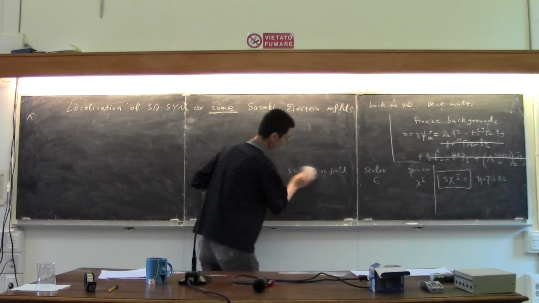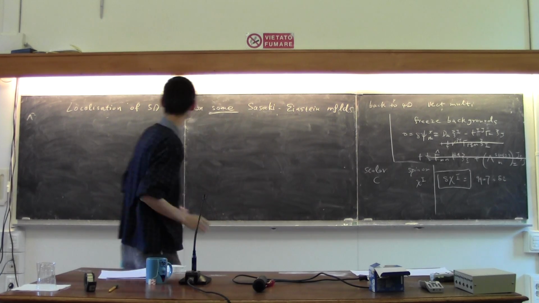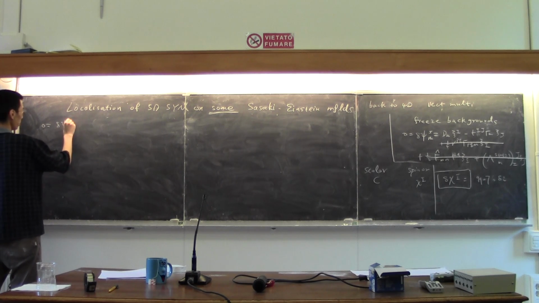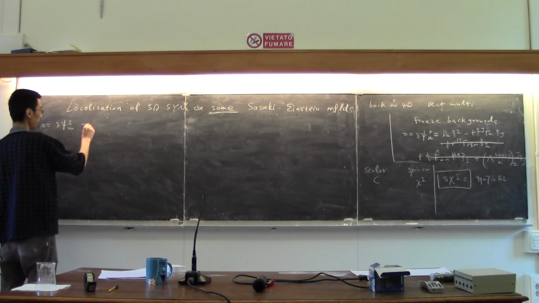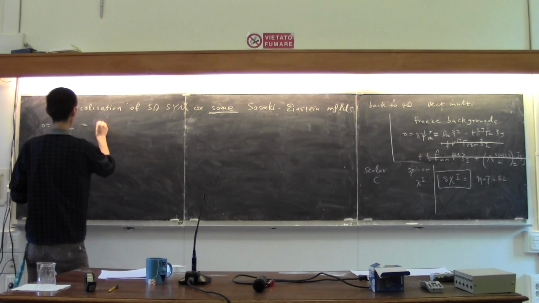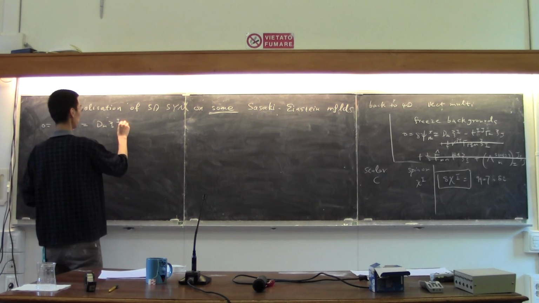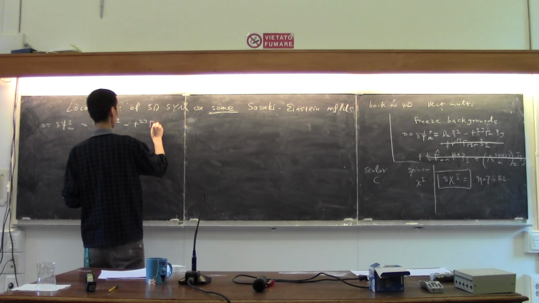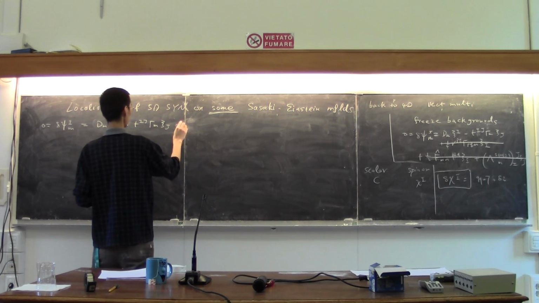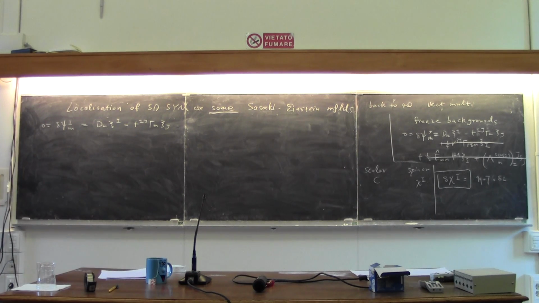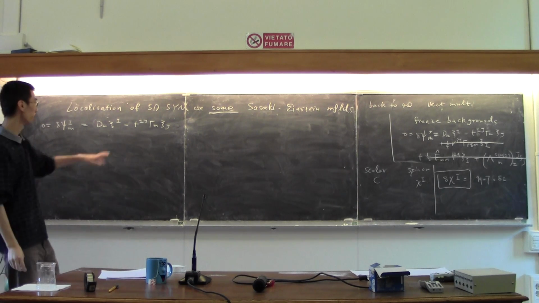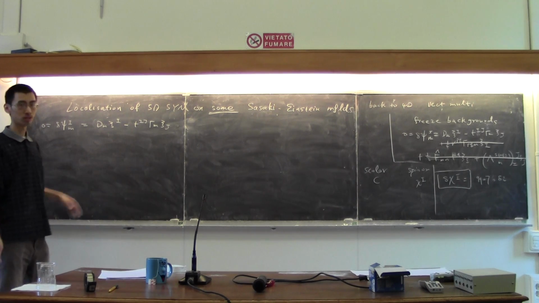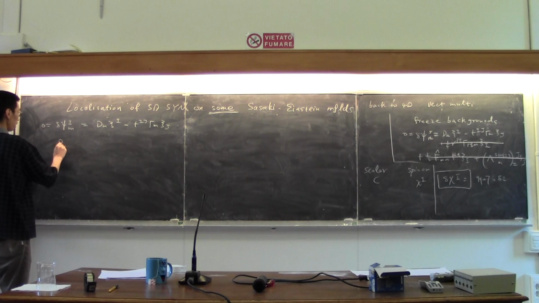So the condition for the vanishing of the variation of the gravitino is that this has to be 0, and then since we assume that sigma is proportional to sigma 3, we just get this equation.